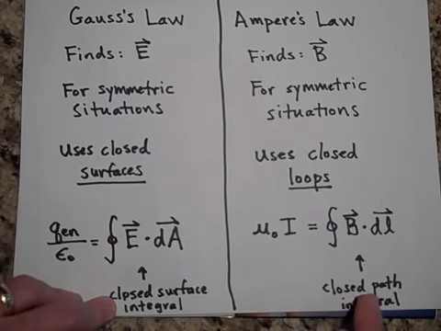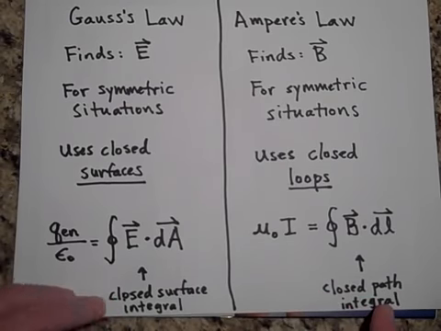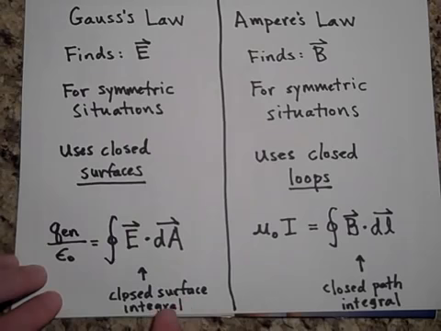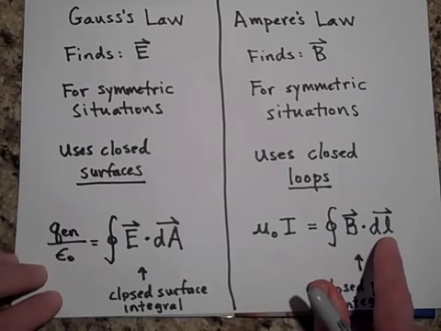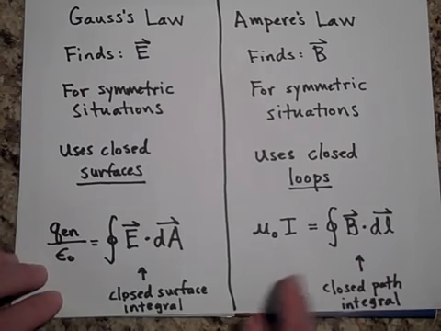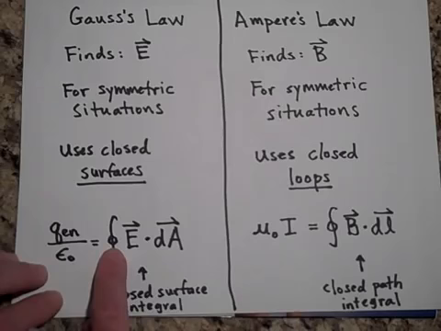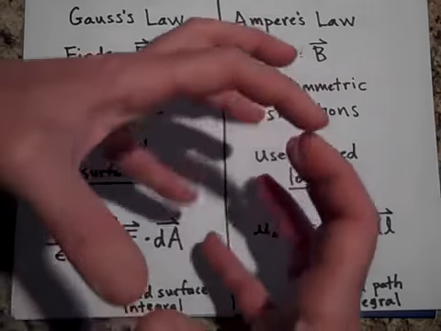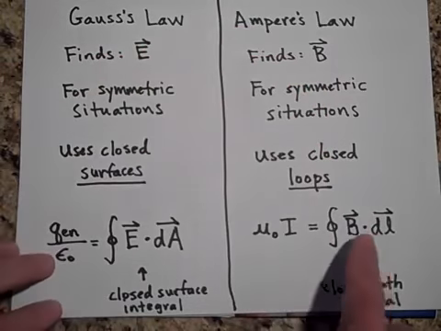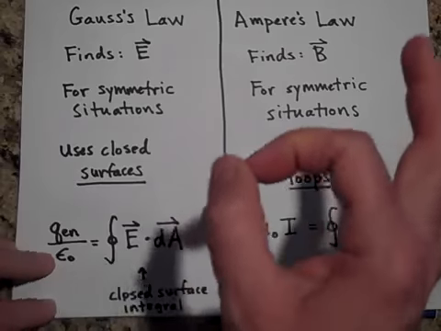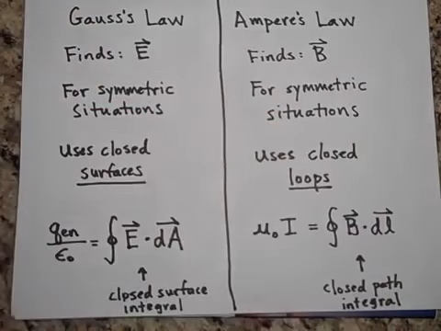So this is called a closed path integral, whereas this one was called a closed surface integral. And you know this is a path integral because it's a dl. dLs are little segments, little lengths, whereas these are little areas. So when you add up all these around a closed path, you get a closed path. Whereas when you add up all these, you're going to get a closed surface.